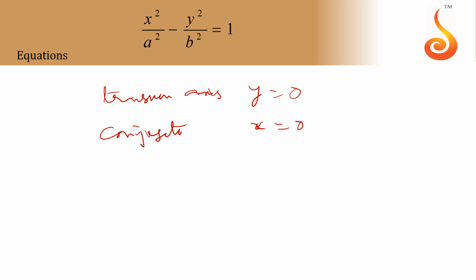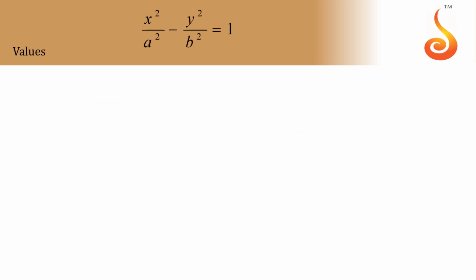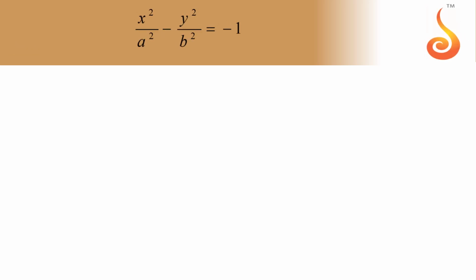The equation of latus rectum, everything will be the same. Then the values, length of latus rectum, length of transverse axis, length of conjugate axis, all those things you have to learn from ellipse.